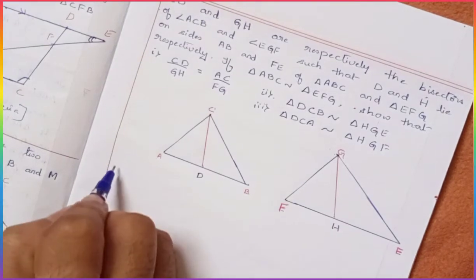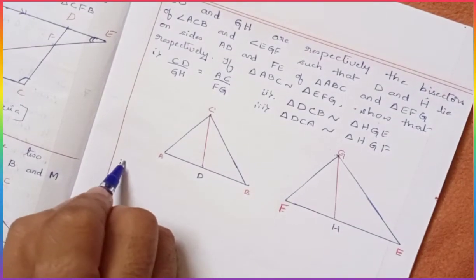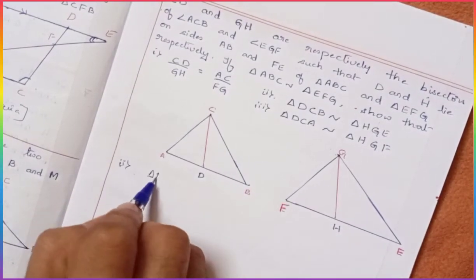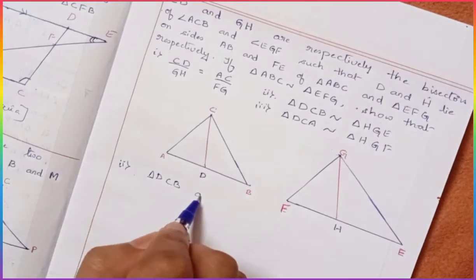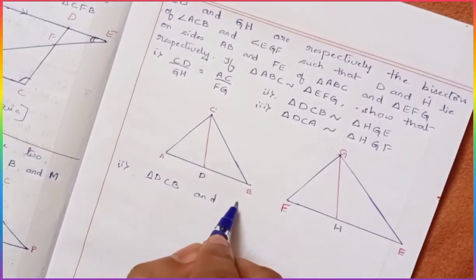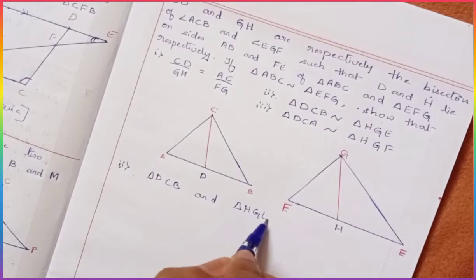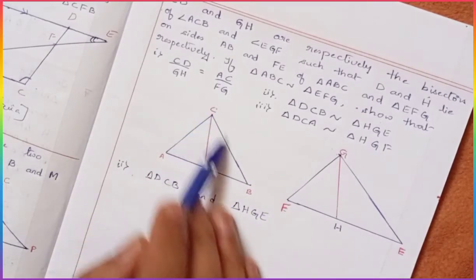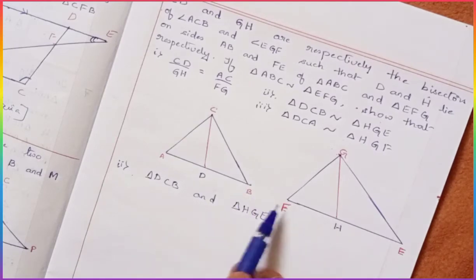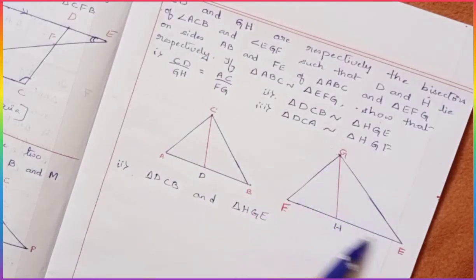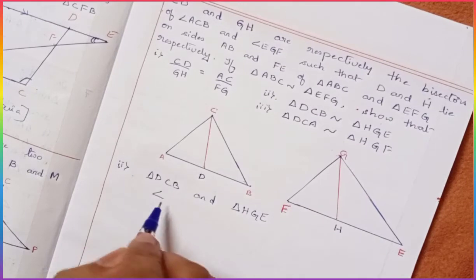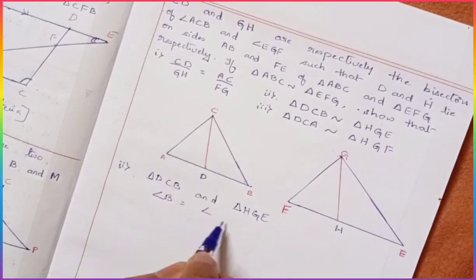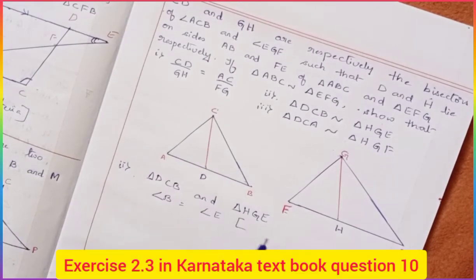I am taking the second one first, not the first one. So it will be easy for us to solve this particular problem. We are considering triangle DCB and triangle HGE. So DCB, this triangle. Here angle B you can see, and in HGE angle E. So we can write angle B is equal to angle E. Why they are equal?